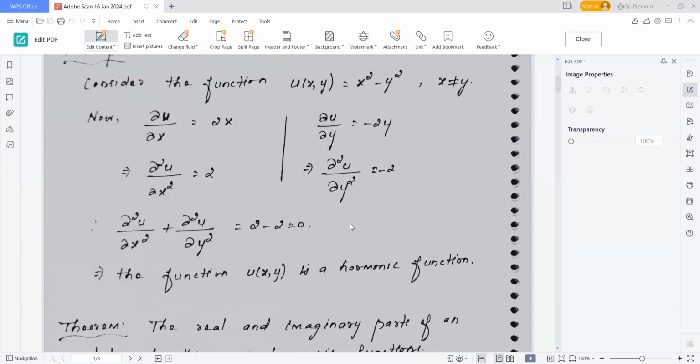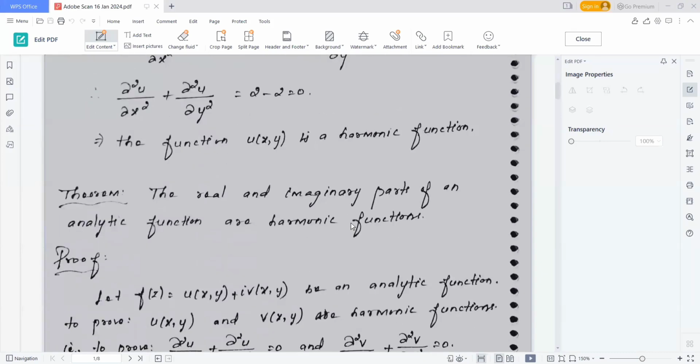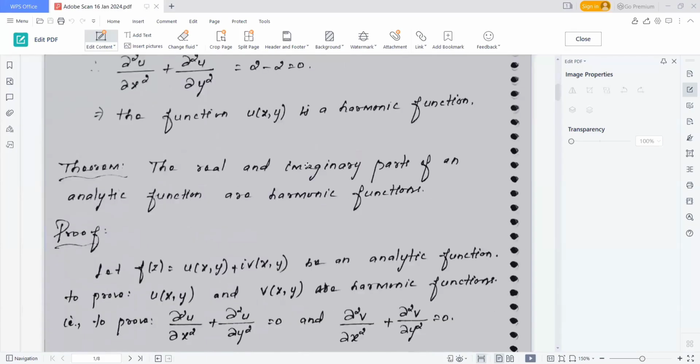Next theorem. We can say this is an important theorem, because it gives a necessary condition for the real part or imaginary part of a function to be analytic.